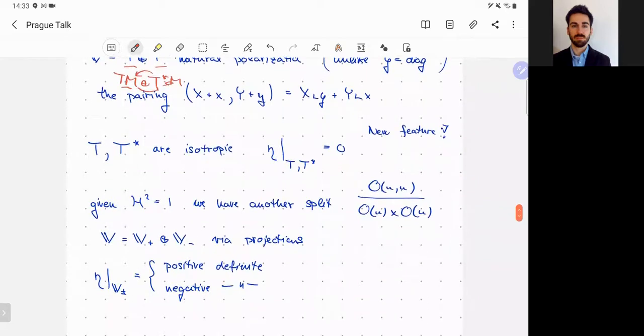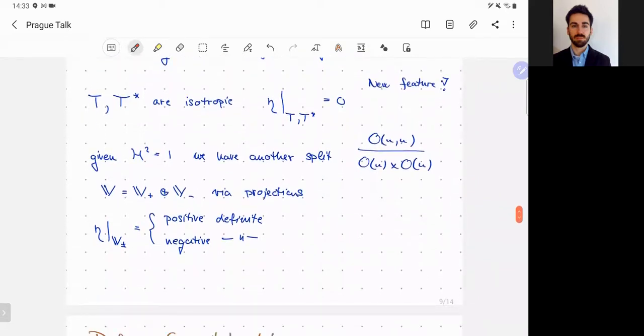So that's that. There's also the H appearing, which was the generalized metric, and it squares to 1. That's an extra constraint, and it's really an element of this O(n,n) over O(n) times O(n), which is an extra reduction.